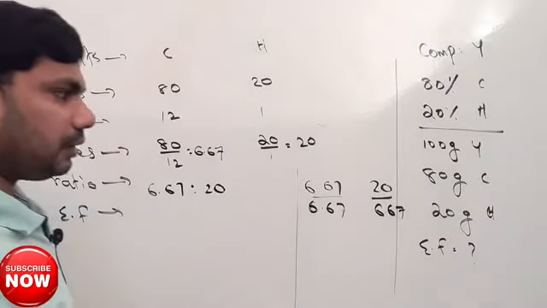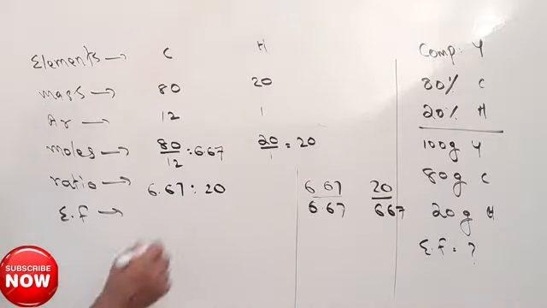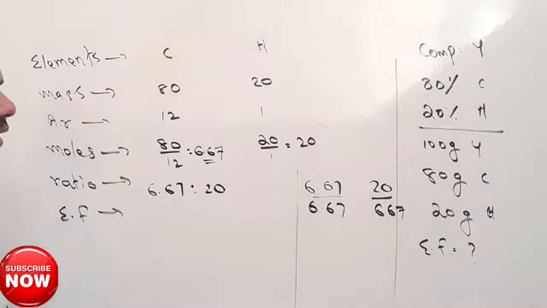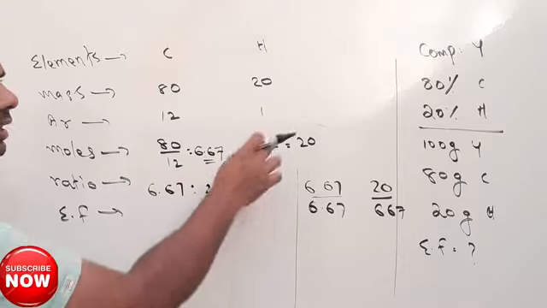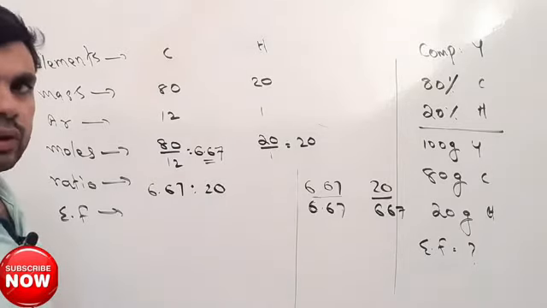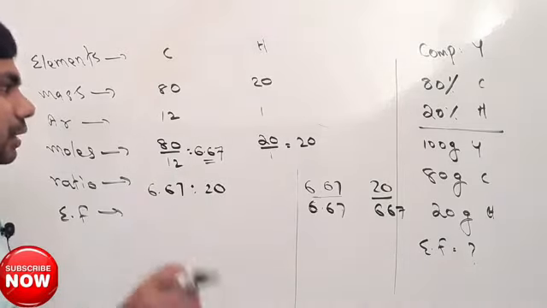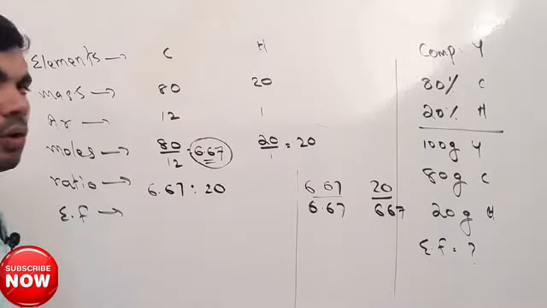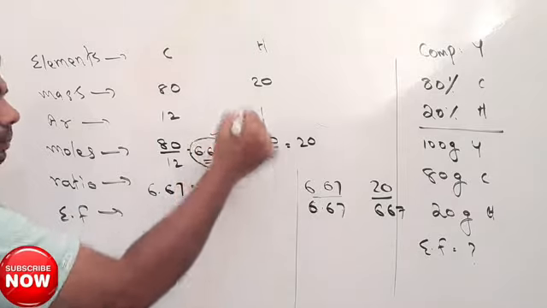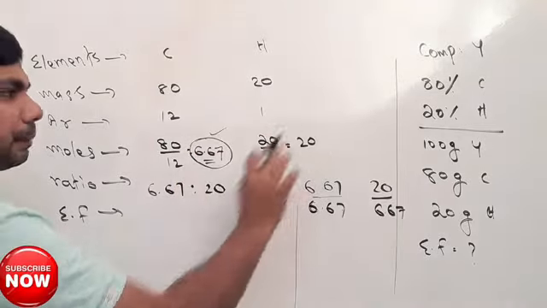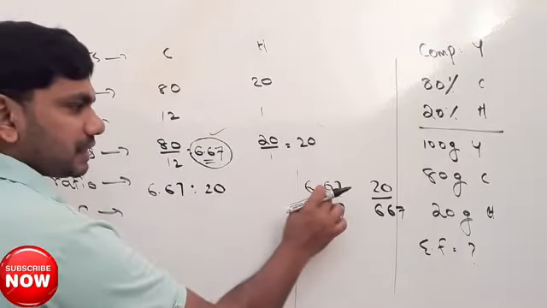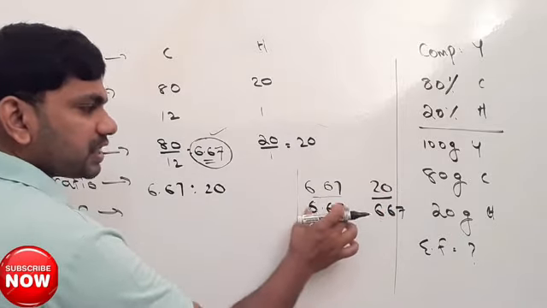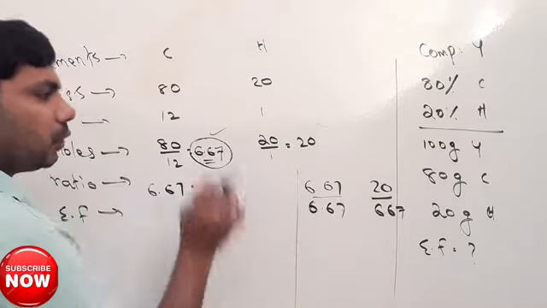Why do we need to do this? Because there is a fraction, we need to remove the fraction. Take the lower number, which is 6.67, and divide both numbers by it.